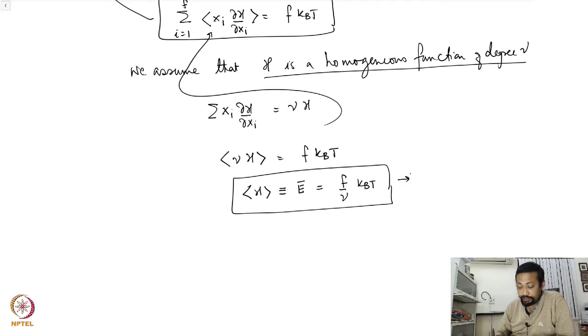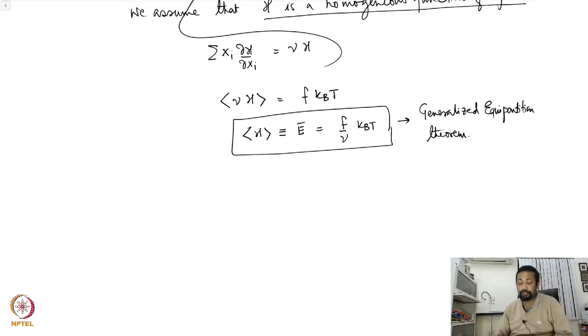And this is the generalized equipartition theorem. For a non-relativistic gas, I have pi squared over twice m.